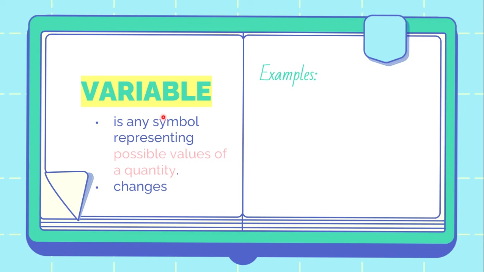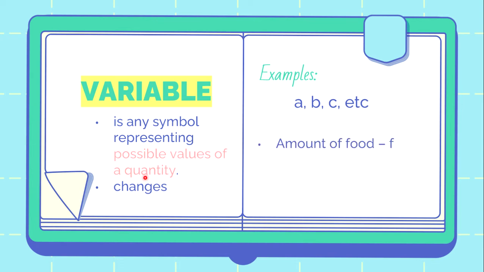But in mathematics, the symbols often used are the letters in the English alphabet, for example, A, B, C, etc., just to represent the possible values of a quantity.